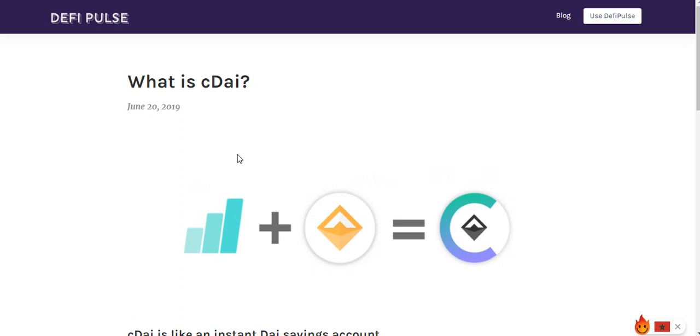And it is the cDai that grows as the interest accrues and is exchanged back over for DAI when you withdraw that original deposit. With the value of the cDai increasing along with the interest, it takes less cDai to give back in order to retrieve the original assets that were locked in.